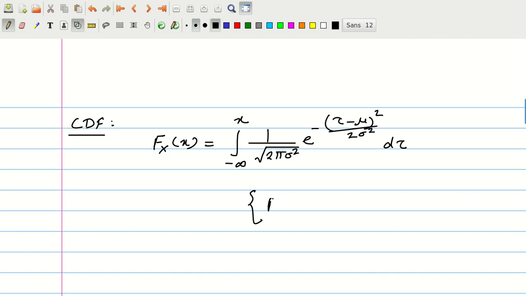Recall that the CDF is related to PDF as follows: integration minus infinity to x f_X(tau) d tau.